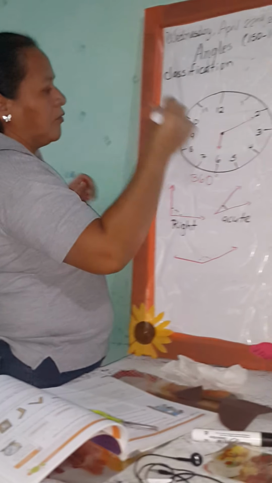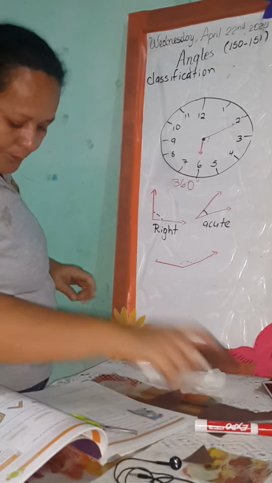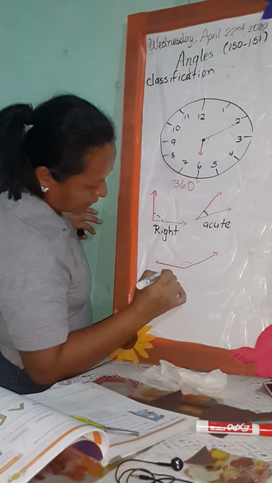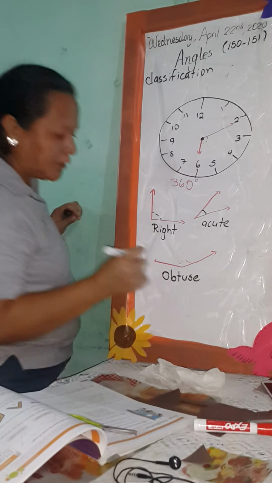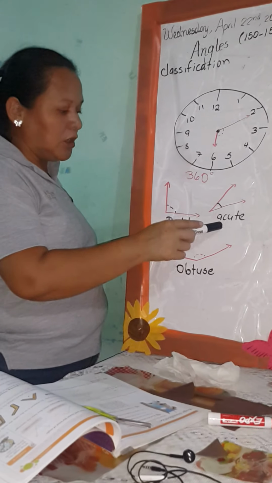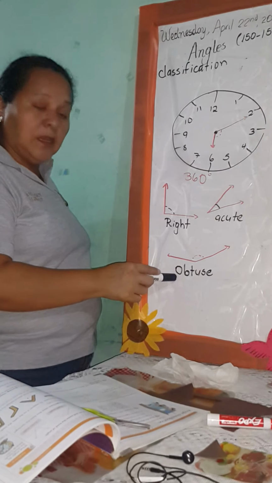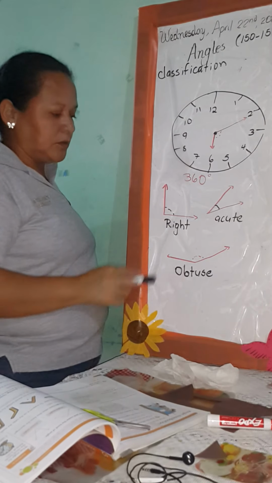This kind of angle is called obtuse. Obtuse angle. So let's repeat the three kinds of angle that we have here. Right, acute, and obtuse.